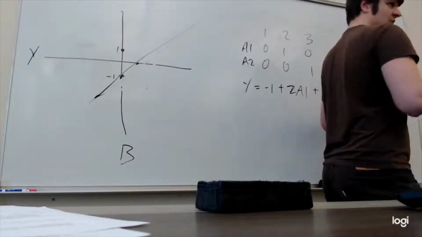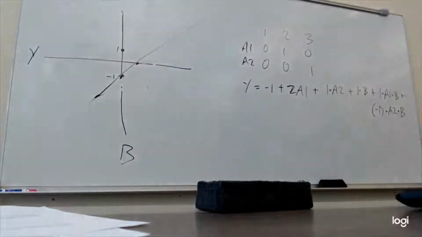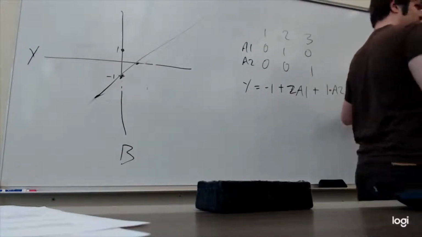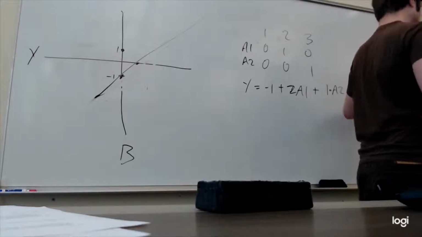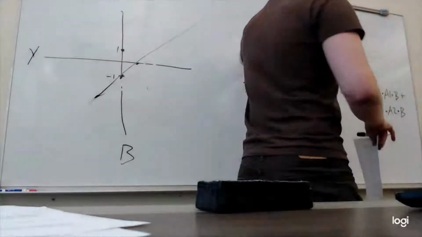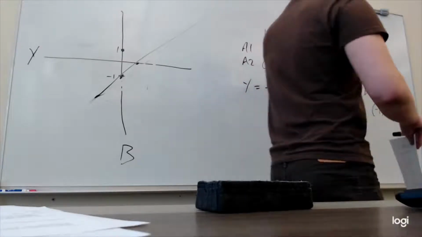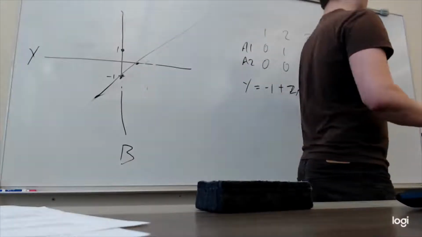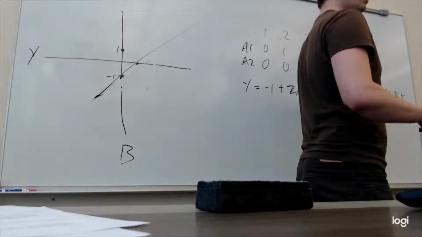Perfect. So this one right here tells me, again, at level 1 of A, that's the slope of B. This right here tells me how that slope changes if I go from level 1 to level 2 of A. I have to increase it by 1. So the new slope would be 2.